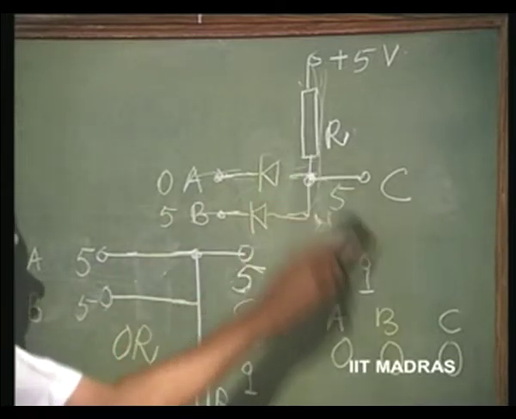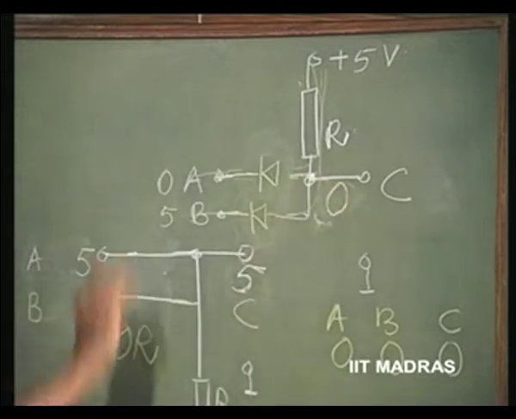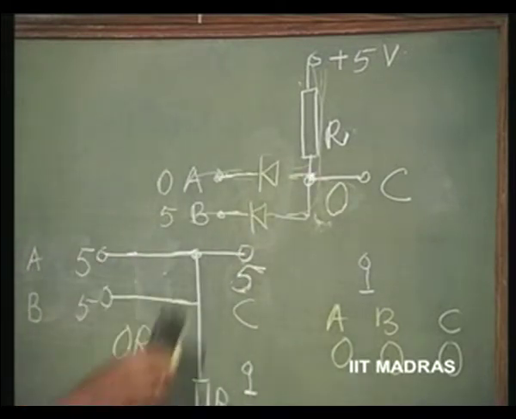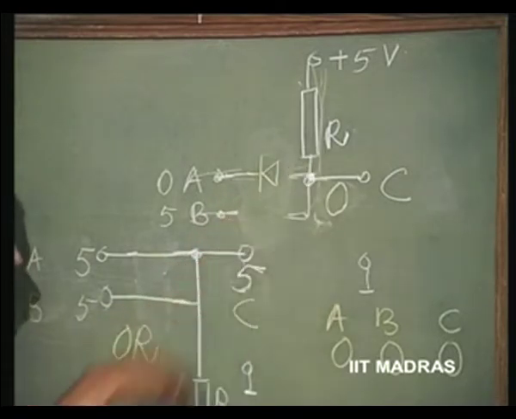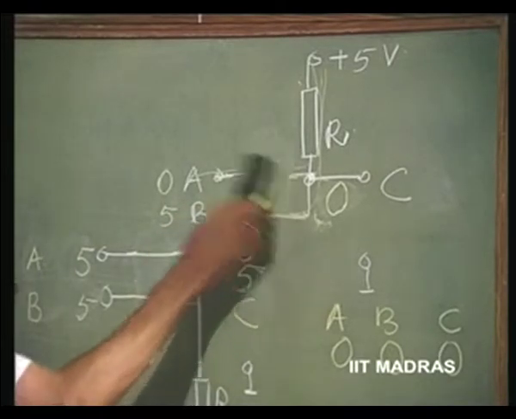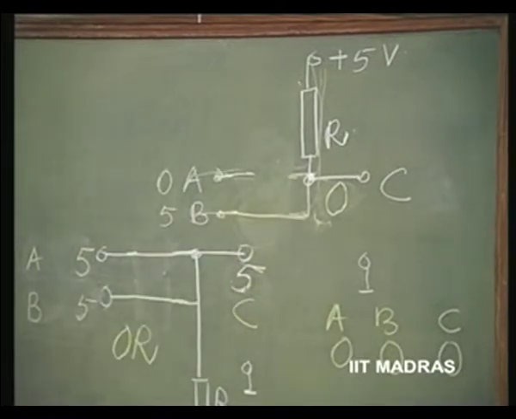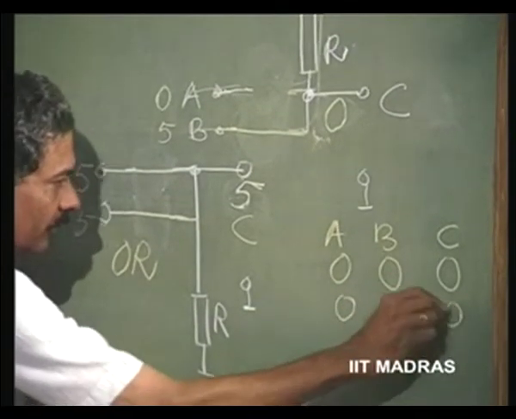So, this is not possible. So, uniquely you can say that the output should be at 0 volts, and at that point of time we have this diode conducting, making this a short, maintaining this at 0, and this is reverse biased. So, we have 0 5 0.